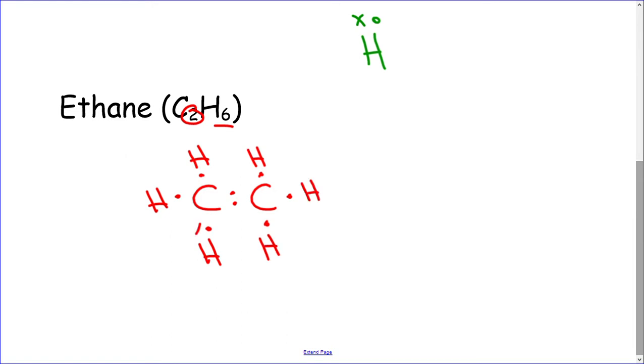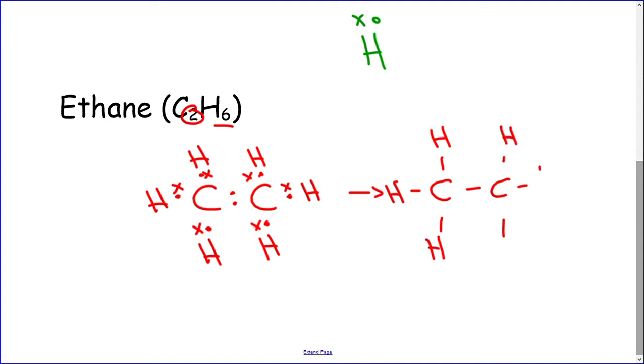And if I again label those differently because they're electrons for hydrogen, then what I can see from here is that I have my carbon forming a carbon bond, and I've got hydrogen moving around the outside of my carbons. So altogether I've got this C2H6 structure, I've got ethane.